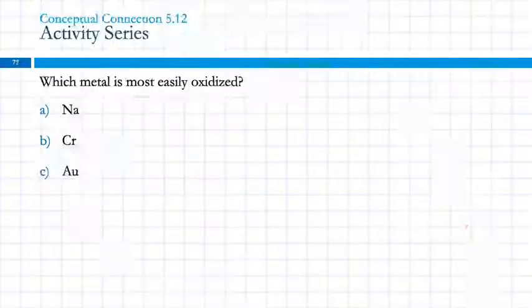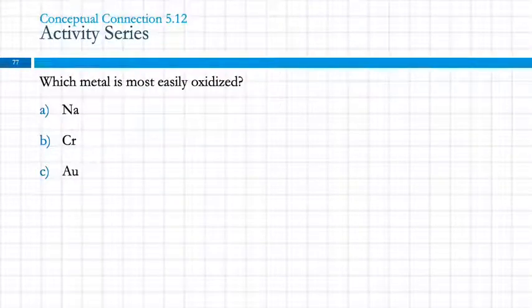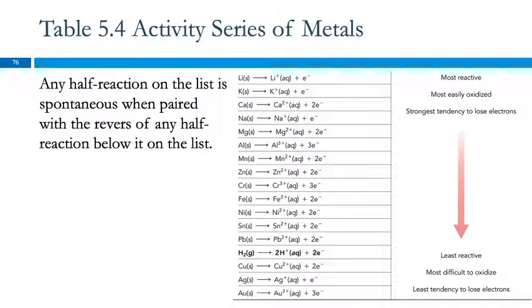Okay, let's look at this. Which metal is most easily oxidized? Yeah, question. Why was mercury bolded? Because it's hydrogen. This is actually not mercury. It's hydrogen.